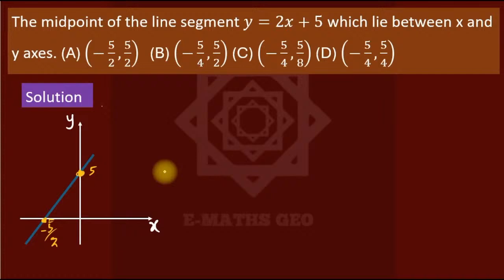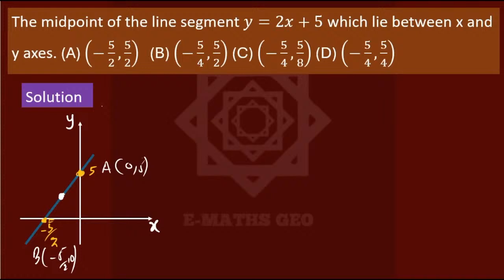The question told us to get the coordinates of the midpoint. It's very simple now. We have the x and y intercepts. The point is A (0, 5), and if we call the other point B, it is (minus 5 over 2, 0).